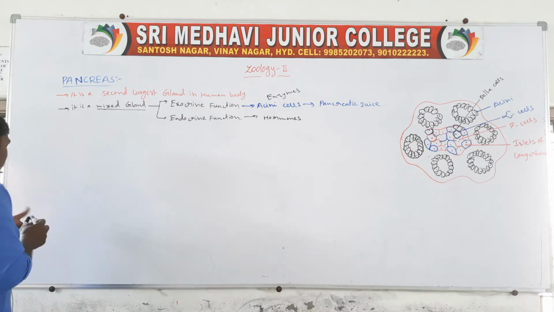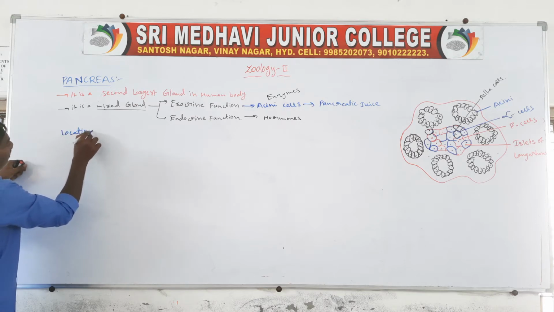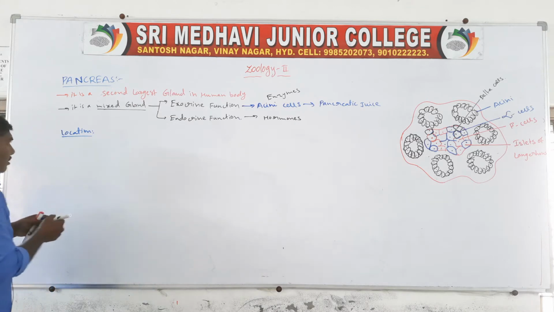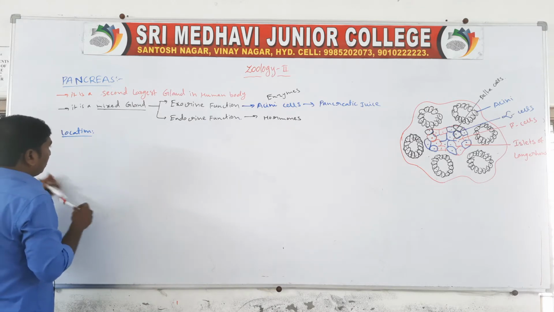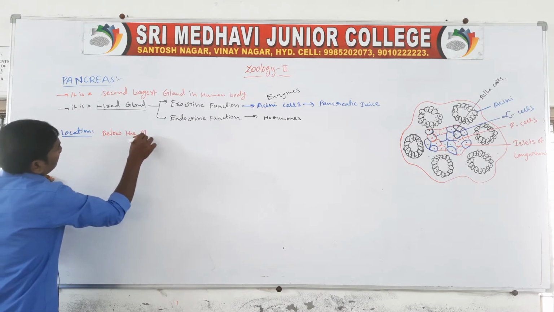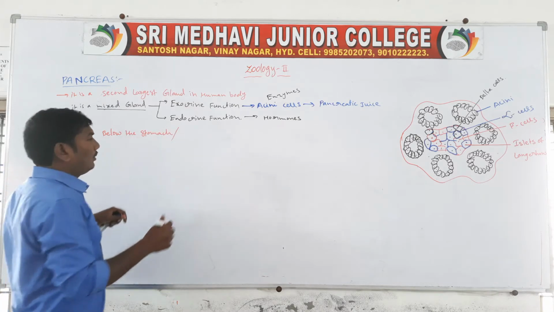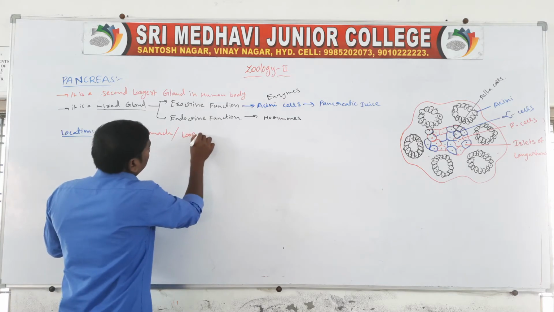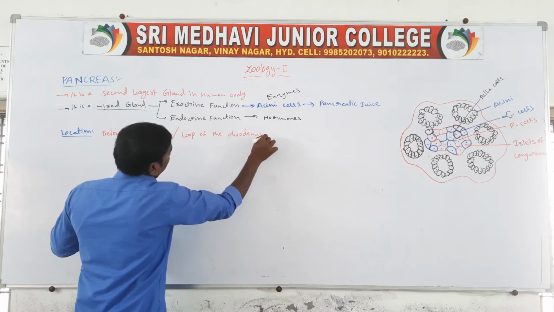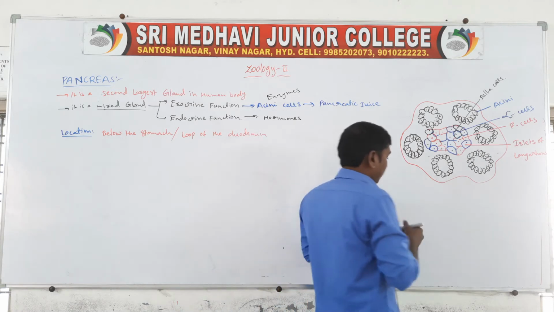Next, the location of the pancreas. The pancreas is located below the stomach, at the loop of the duodenum. See the diagram, just a rough diagram.